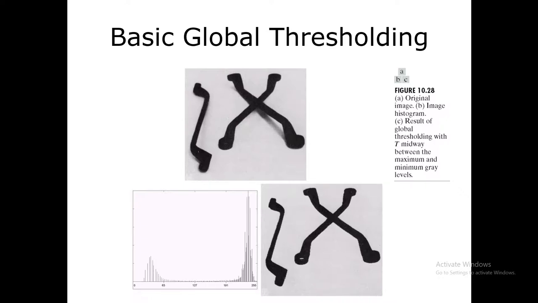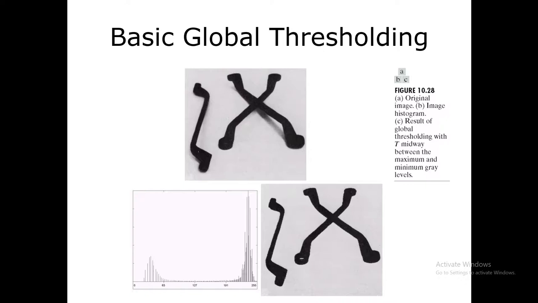In general, the input image may not be of this kind. Here we have a very clear histogram, and after inspecting it we can just select the threshold value and get the perfectly segmented image.